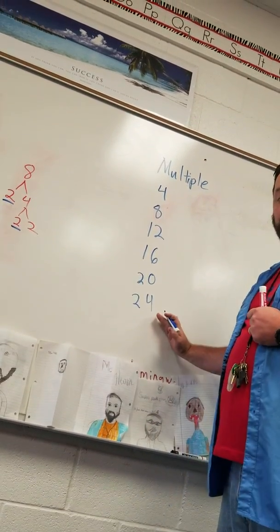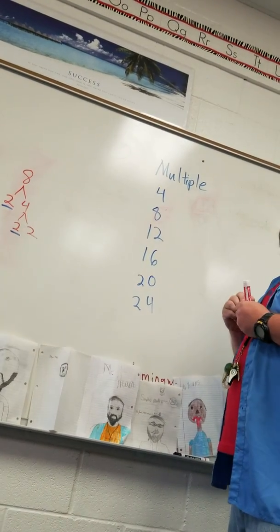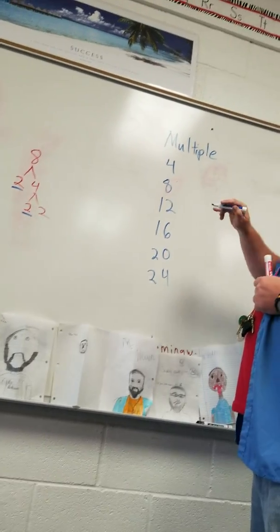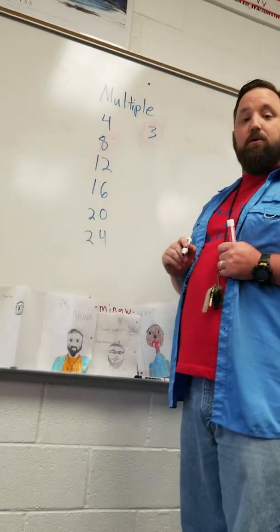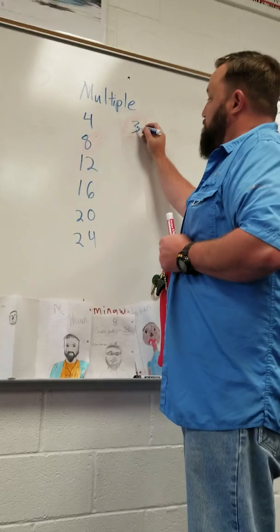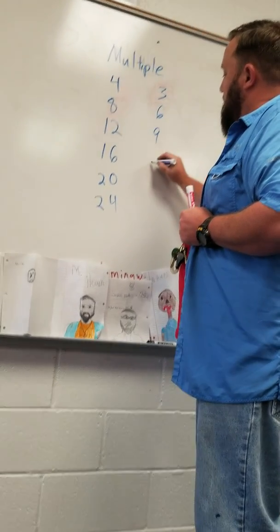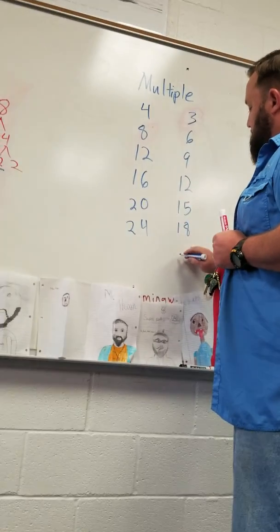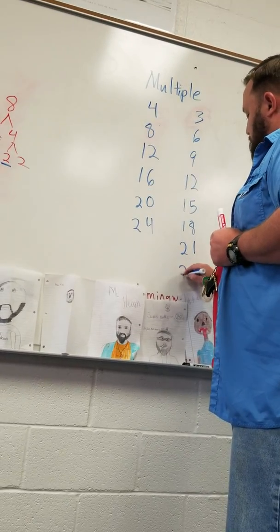Those are the multiples of 4. Now let's do the number 3. The multiples of 3 are 3, 6, 9, 12, 15, 18, 21, 24.